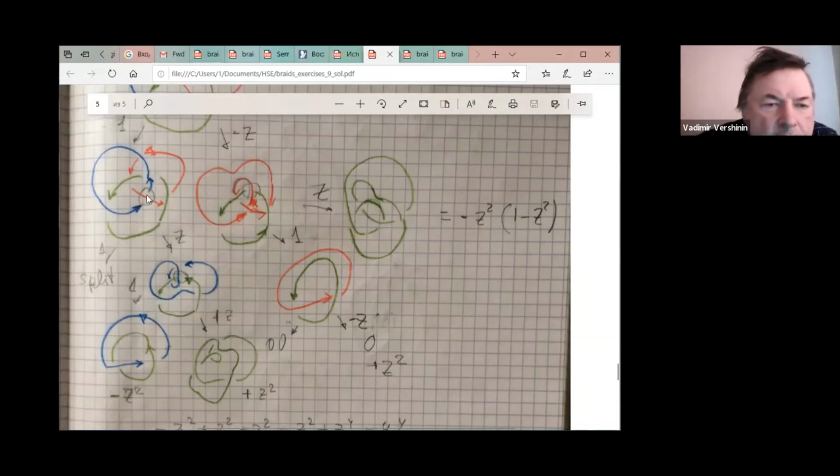Then if we change here, it is evident that if now blue becomes overcrossing, it is overcrossing everywhere. And the blue ring goes far away, so it splits.